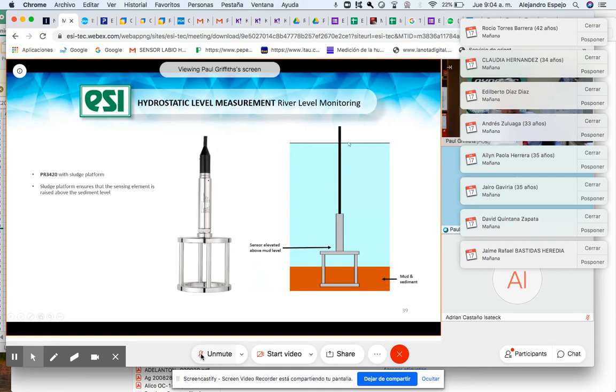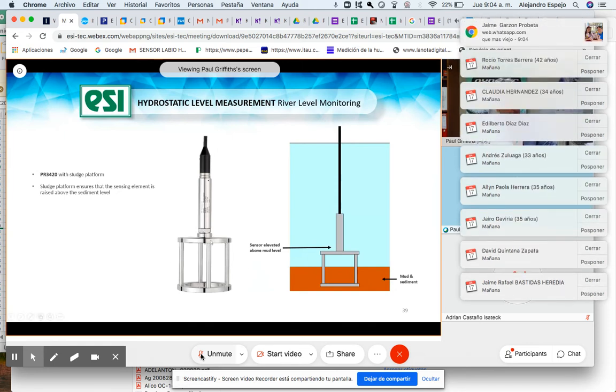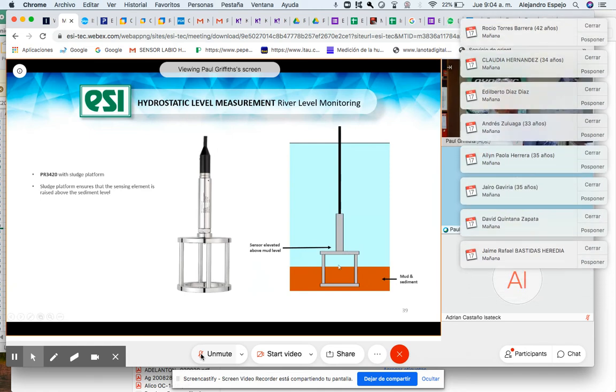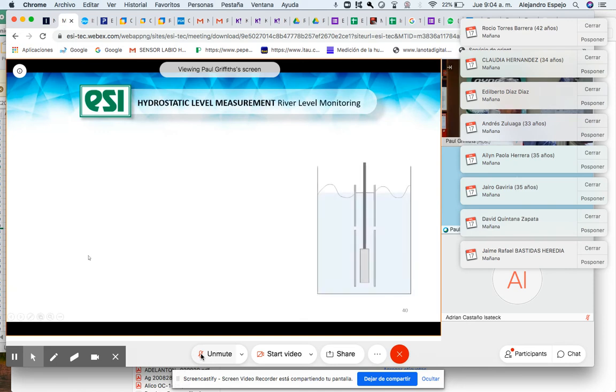So the water level could reduce and the sensor won't react. So where we have applications like that, we offer this sludge platform version, so that the transmitter is always above the mud level, so it doesn't become blocked. Quite an easy one to understand, and that's a typical sort of application.